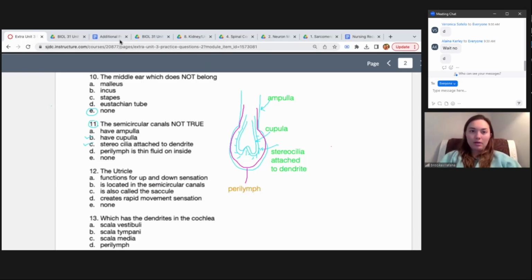So this right here would be my endolymph. Okay, so that's the thin fluid on the inside.